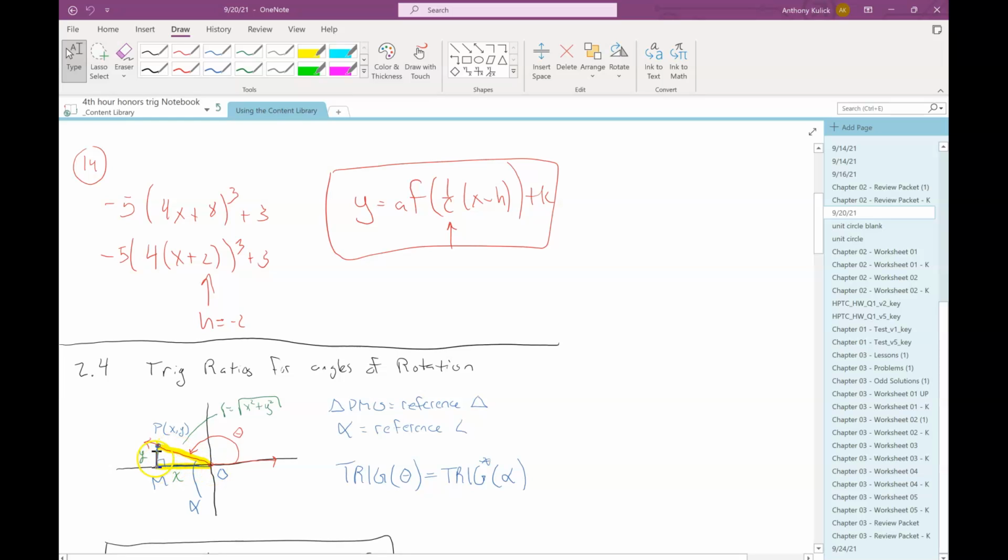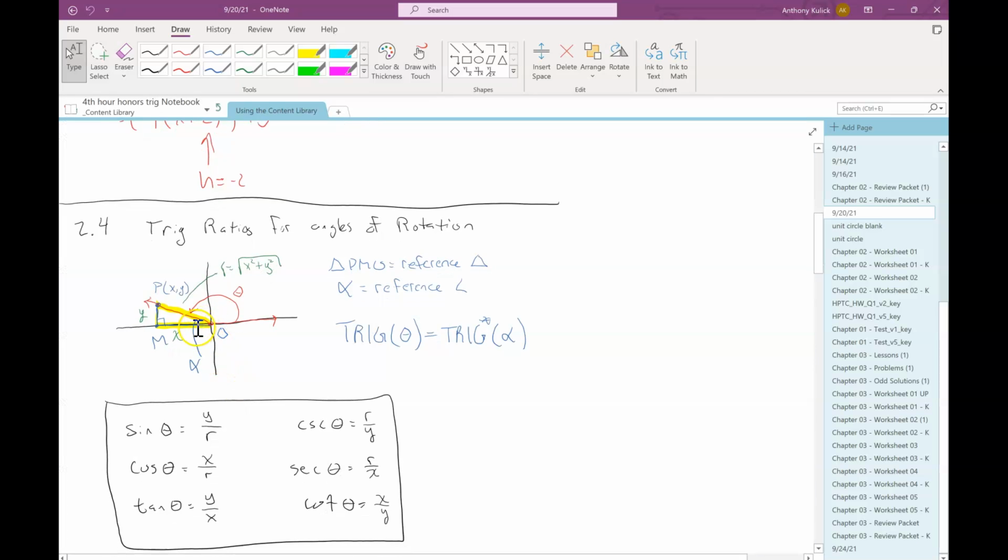One side is the x-coordinate, the other side is the y-coordinate, and then the hypotenuse is going to be the distance from that point to the origin. So using sine, cosine, and tangent SOHCAHTOA definitions, I can say sine is opposite over hypotenuse, etc. Using the same SOHCAHTOA definitions, I get this.